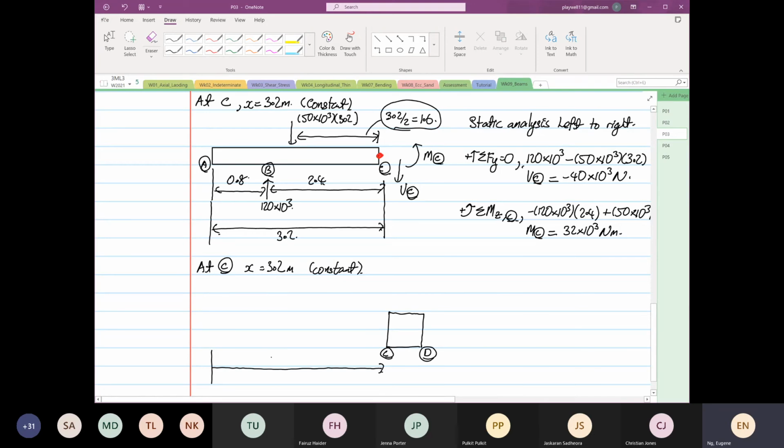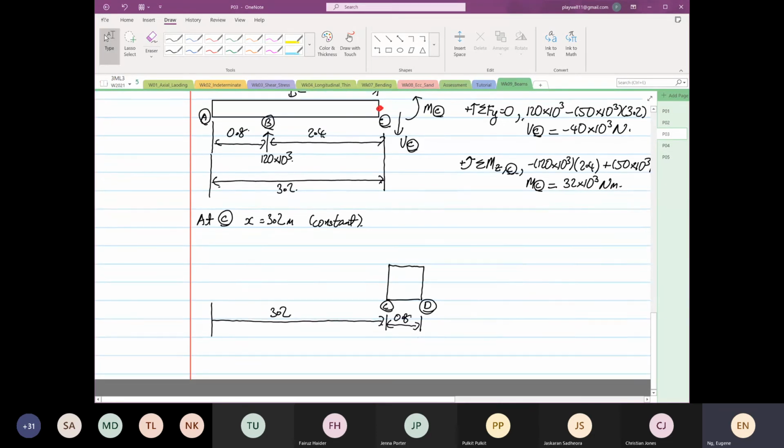So now we know that this distance is 3.2. Okay, and this distance from here to here is equal to 0.8, right? And we have a load coming up here, and this load is equal to 40 times 10 to the power 3, right? And our geometric datum did not change, right?